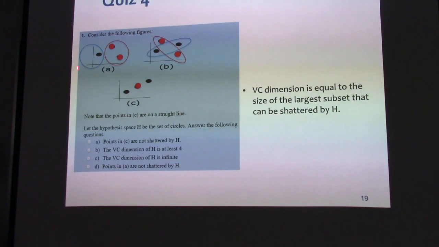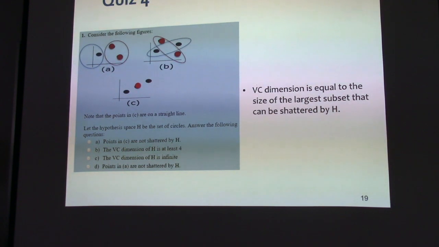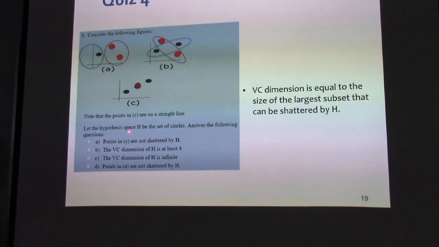For example, in these scenarios, those two are marked as red and this is black. So you can use two circles, because H is a set of circles, to separate the different classes.